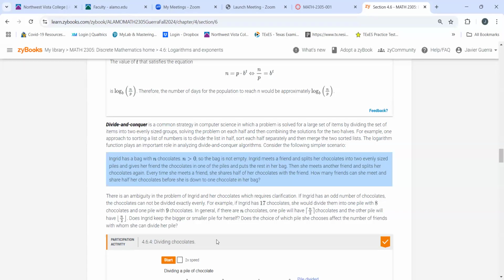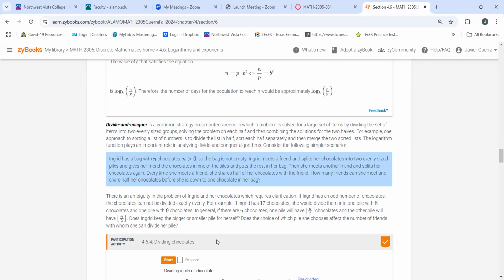There is an ambiguity in the problem of Ingrid and her chocolates, which requires clarification. If Ingrid has an odd number of chocolates, it can't be divided evenly. If Ingrid has 17 chocolates, she will have to divide them into 8 in one pile and 9 in the other.